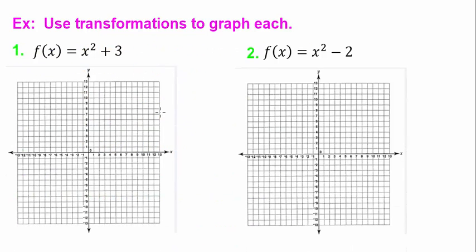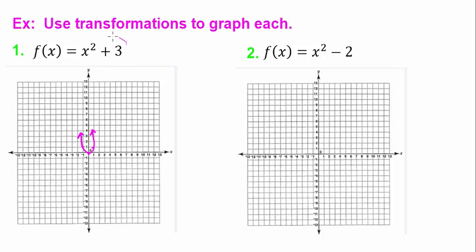For these two problems, we're going to use transformations to graph the basic function x squared, which is our square function. So what we should do is start with the graph of the basic function. So I have 0, 0, 1, 1, and negative 1, positive 1. And when I graph that, I get a sketch of a parabola.